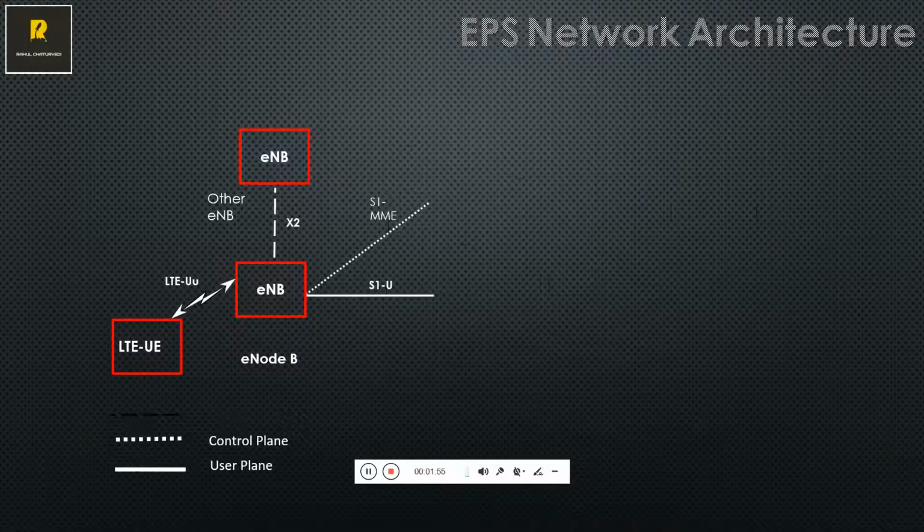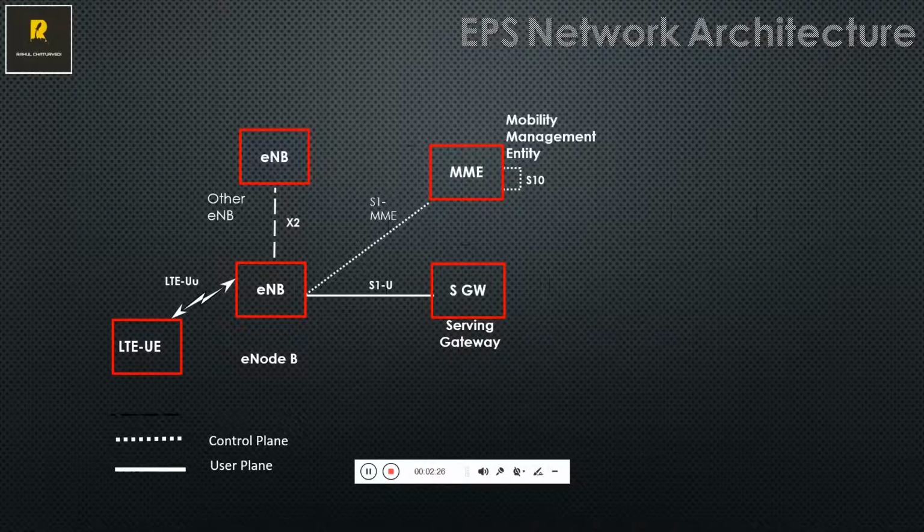The interface from the E node B for the control plane as well as for the data path is the S1, and it's divided into S1 MME and S1 U. S1 MME is the interface between E node B and MME. MME is mobility management entity. While S1 user plane, S1 U, is between the E node B and the S gateway, the serving gateway.